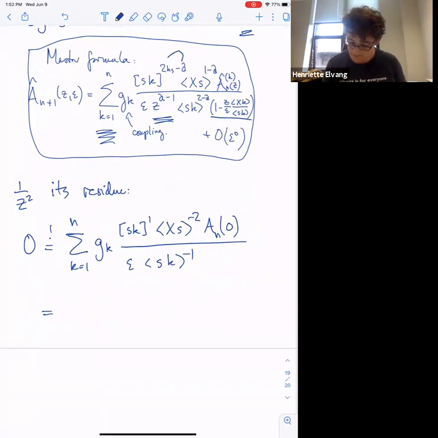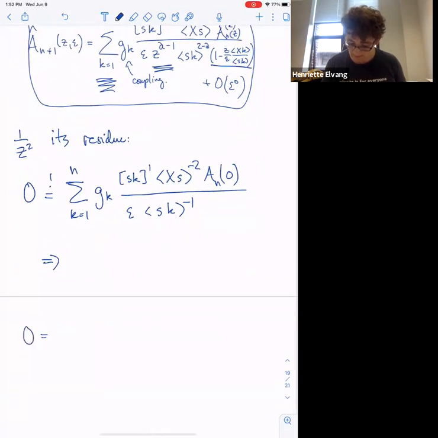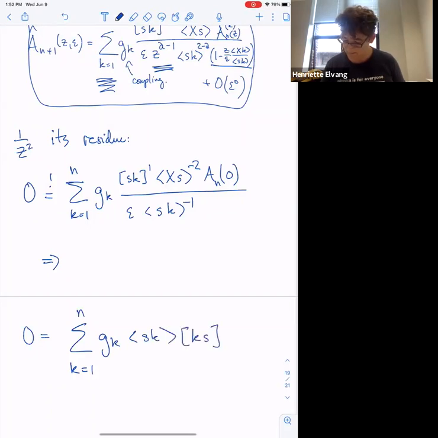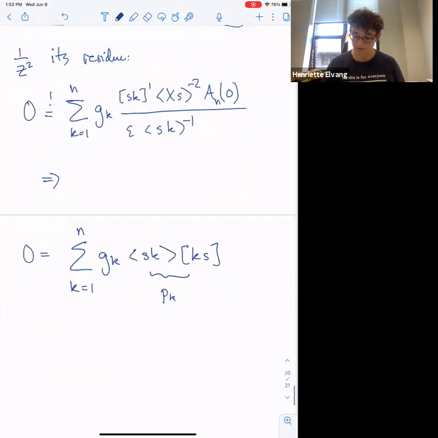Okay, so what this means is that the condition for getting a 0 residue is that the sum k equals 1 through n of g_k times s_k times k_s has to be 0. The other factors don't depend on k, and I can get rid of them. But this is momentum conservation. This is basically p_k dotted in with some s's. So this has to hold for generic momentum.